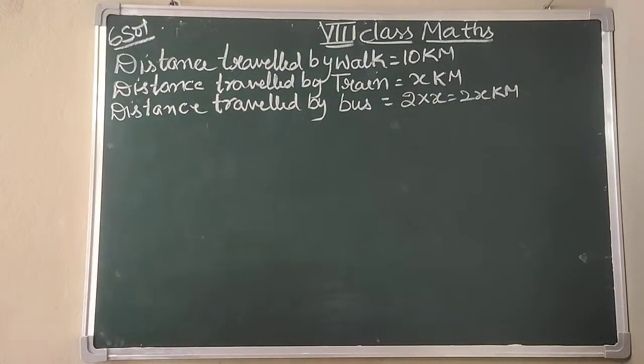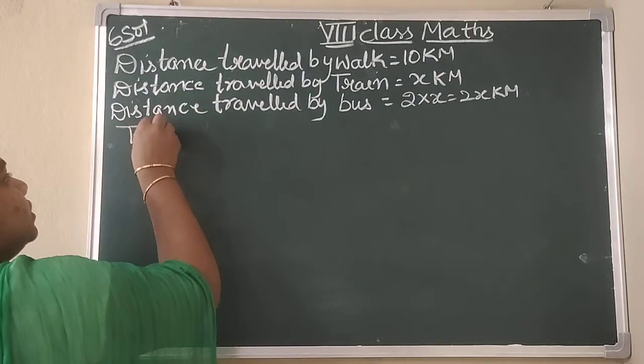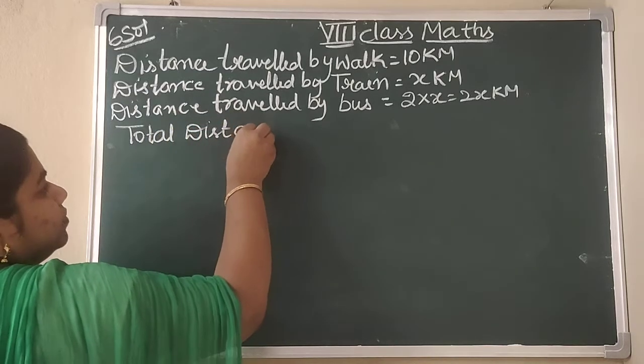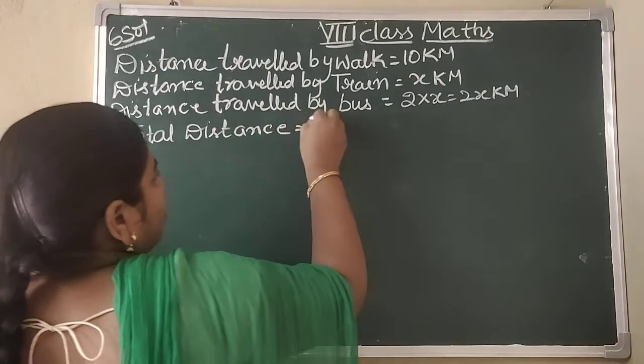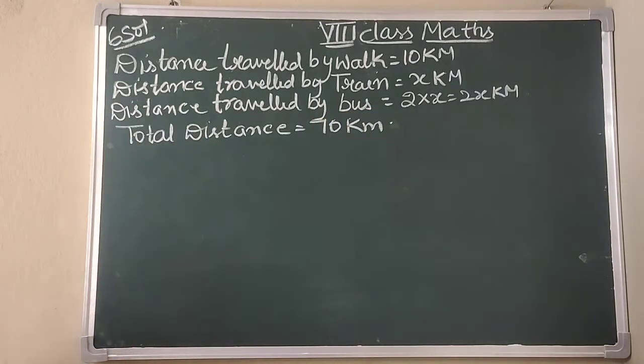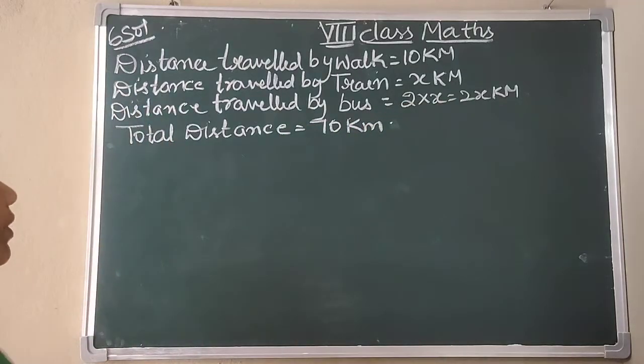Okay, so what is the total distance he has traveled? Total distance traveled is 70 kilometers. We have to find how much distance he has traveled by train, so we add these three, and that will be equal to 70 kilometers.